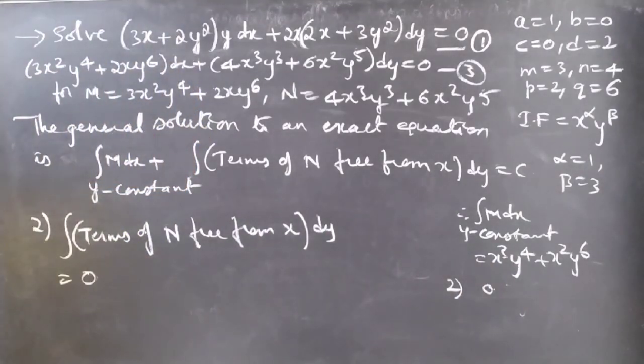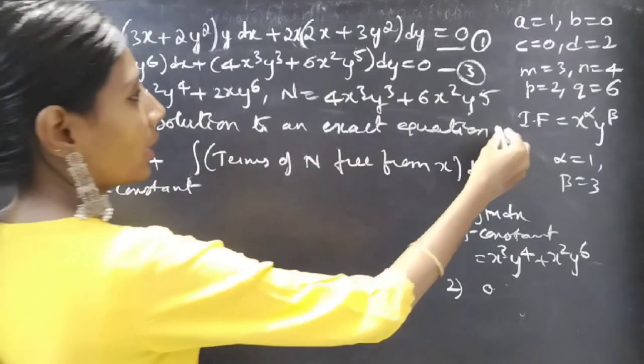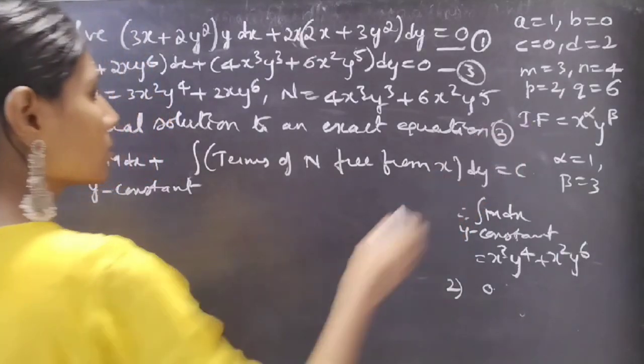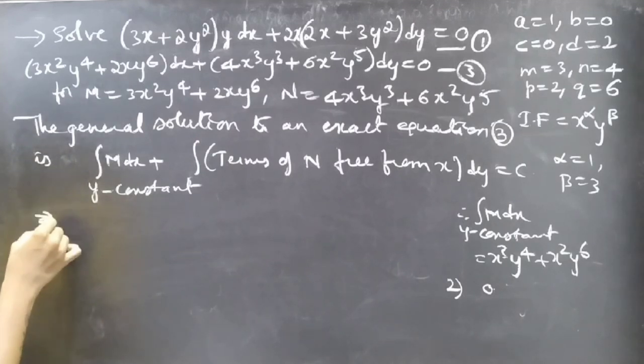Now coming to the general solution to equation 3. Therefore, the general solution to the exact equation 3 is given by the integral of m dx plus the integral of terms of n free from x.